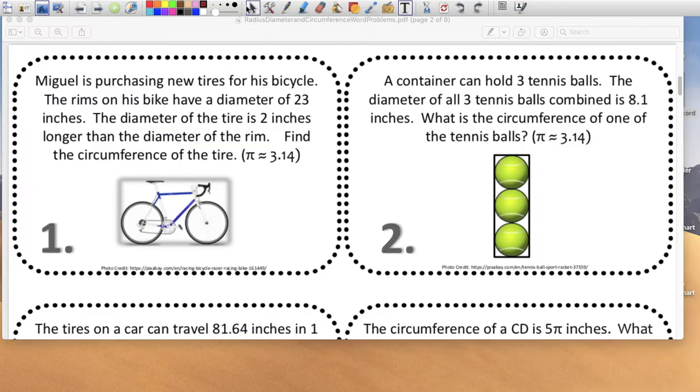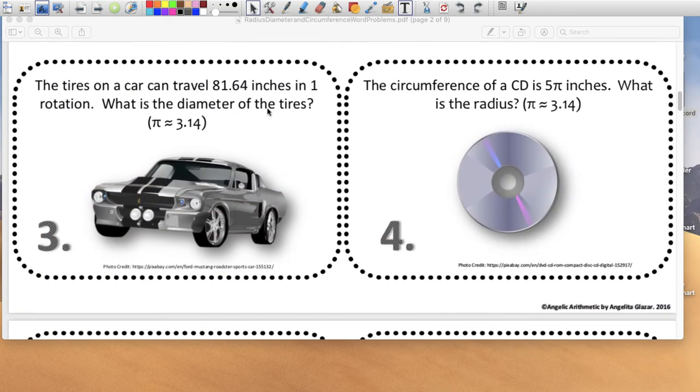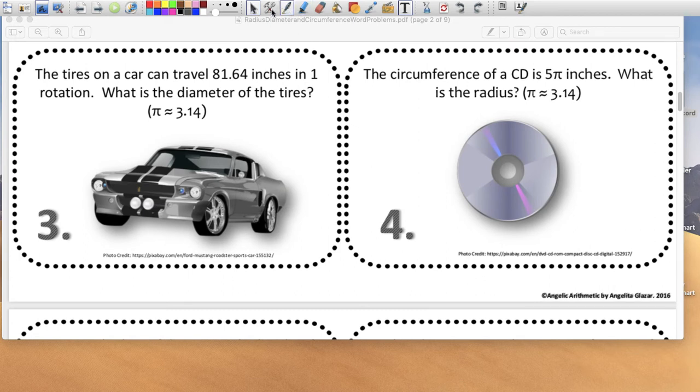Here again, the tires in the car can travel 81.64 inches in one rotation. So here's a tire of the car, and they're telling you that the circumference is 81.64. Every time this tire goes once around, it goes 81.64 inches. So what's the diameter?